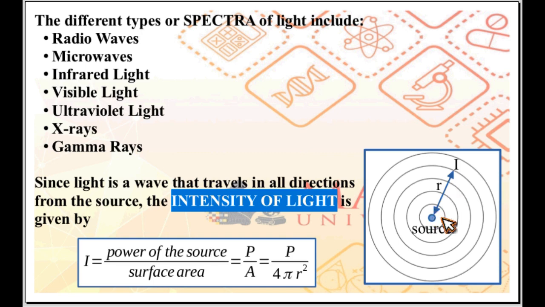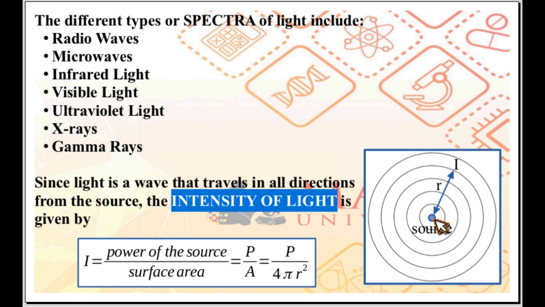As light travels away from the source, the area upon which light is spread out becomes bigger. And the area is the surface area of the corresponding sphere. The intensity of light is equal to power of that source divided by the surface area of the sphere upon which the light is spread out.